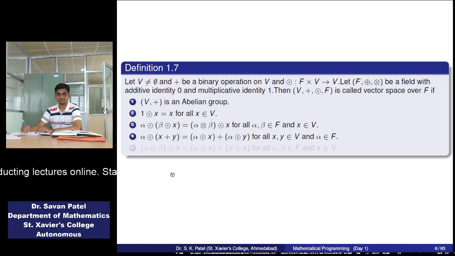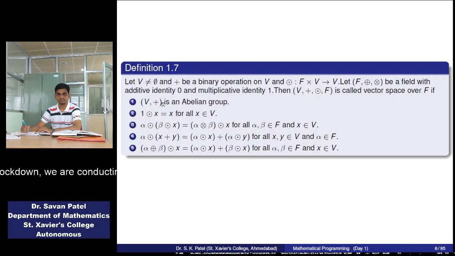Now this scalar multiplication should be distributive over vector addition. Meaning alpha scalar multiplication with x plus y should be the same as the addition of alpha scalar multiplication with x and alpha scalar multiplication with y, for all x, y in V and alpha in F. Alpha plus beta scalar multiplication with x should be the same as alpha scalar multiplication with x plus beta scalar multiplication with x, for all alpha, beta in F and x in V. This is called scalar multiplication being distributive over field addition.